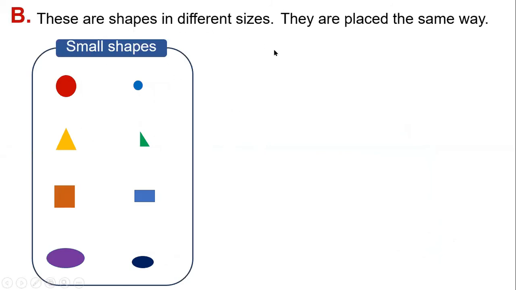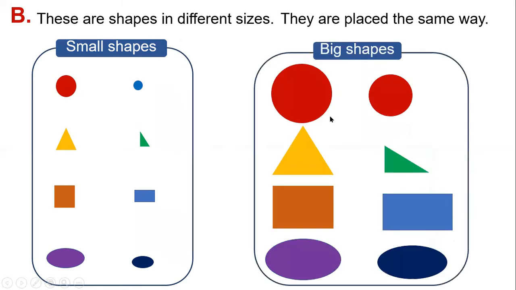They have different sizes. These are small shapes, but these are big shapes. Okay, but they are placed in the same way. You look, this circle, triangle, quadrilateral, ellipse.